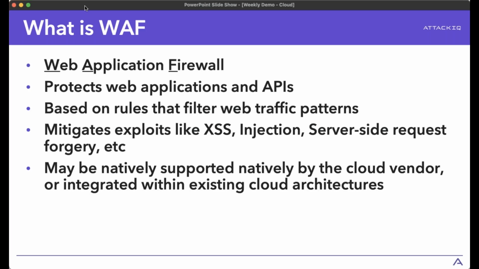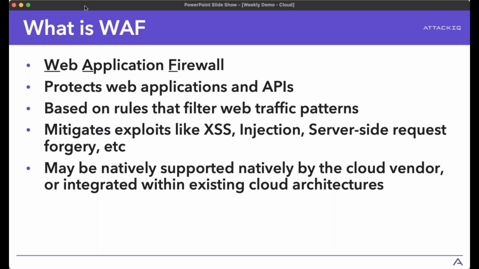So let's define what WAF is. WAF is essentially an acronym for Web Application Firewalls. It works more or less like the regular network firewall, but there are some differences here. Essentially, a Web Application Firewall protects web applications, and some do APIs as well.